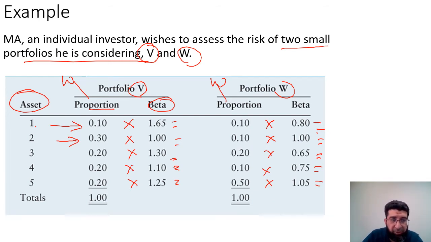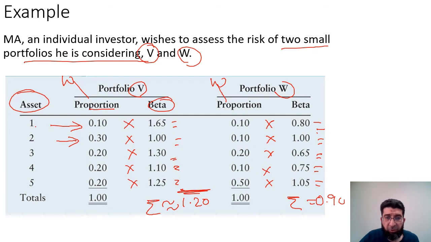If you calculate it, this is going to be approximately 1.2 for portfolio V, and approximately 0.9 for W. Sum of all, so weighted portfolio beta for V and beta for W will be this. You can see that portfolio V is riskier compared to portfolio W, which is 0.90.